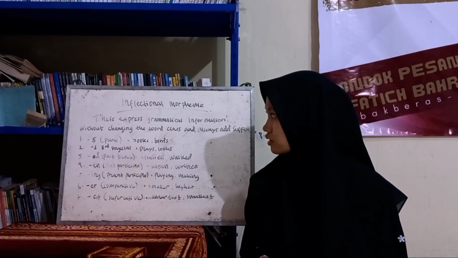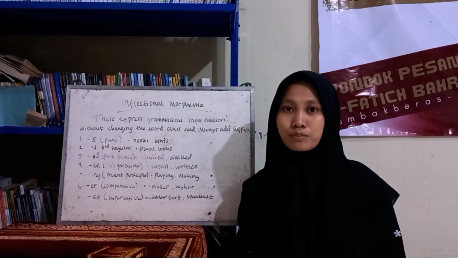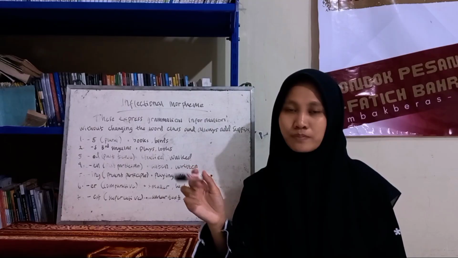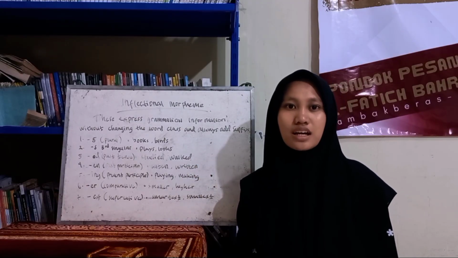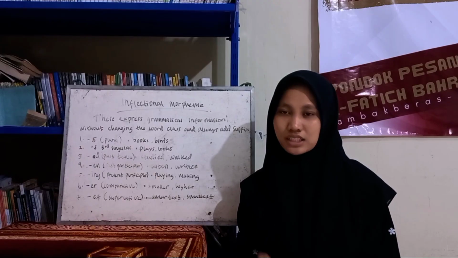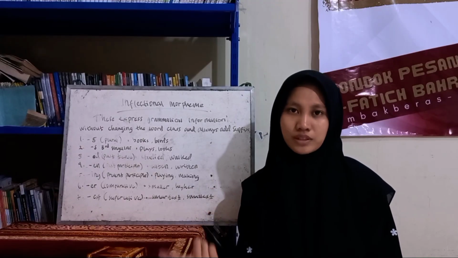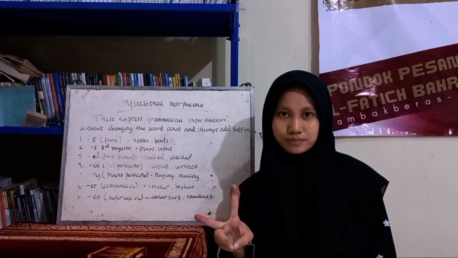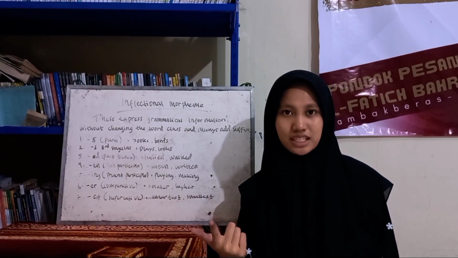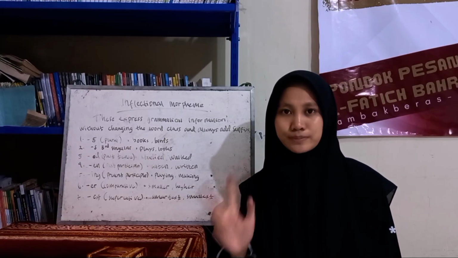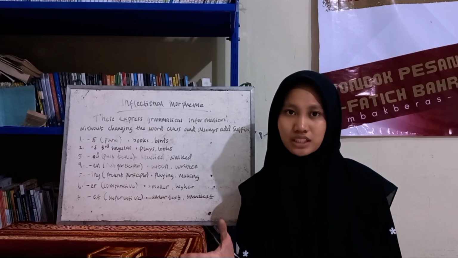So for bound morpheme, a morpheme cannot stand alone and always needs another morpheme, like added with a suffix or prefix. And there are 2 kinds. First is derivational morpheme and second is inflectional morpheme. What is derivational?